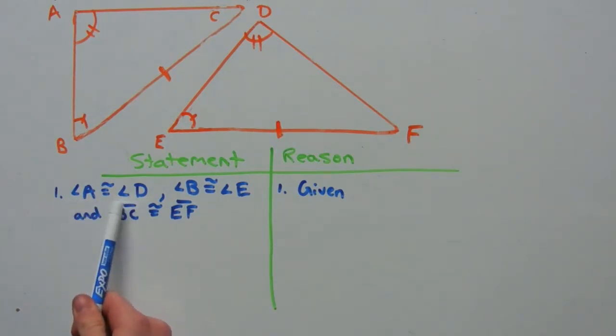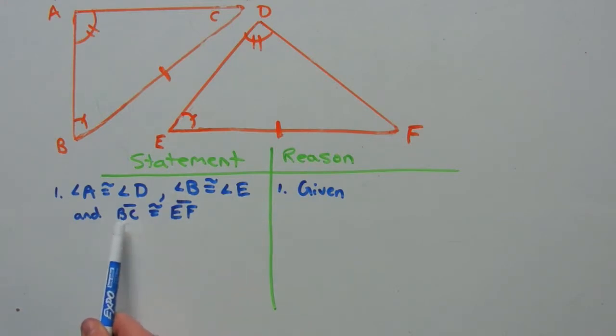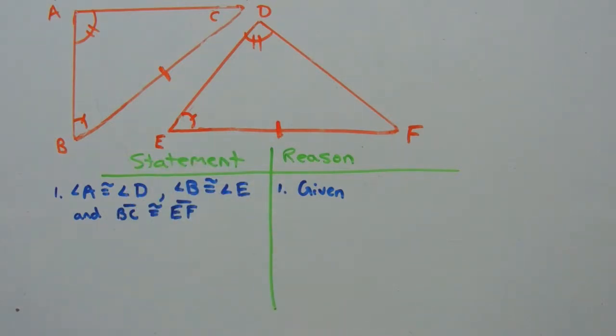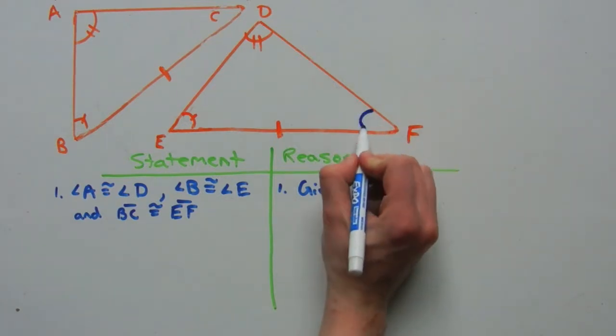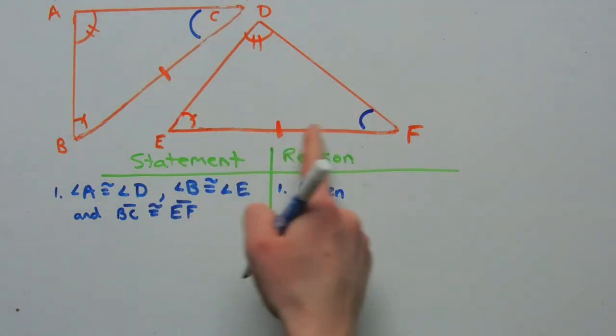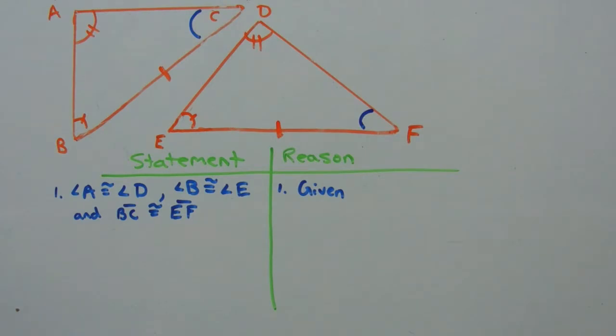Angle A is congruent to angle D, angle B is congruent to angle E, and BC, the segment, is congruent to the segment EF. Now let's think of a postulate we can use to prove this theorem. We just went over the angle-side-angle postulate. So if there was a way to calculate this other angle, we could use angle-side-angle to say that the two triangles are congruent.